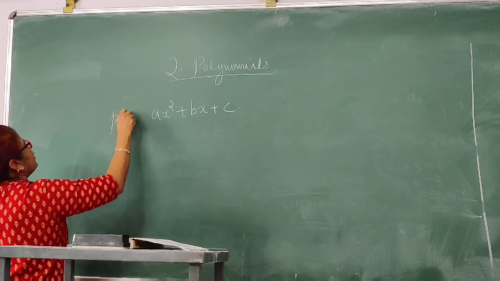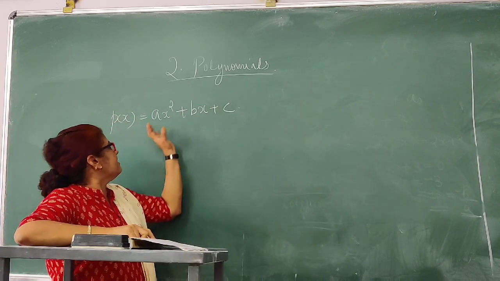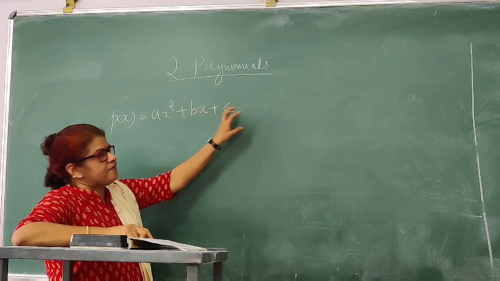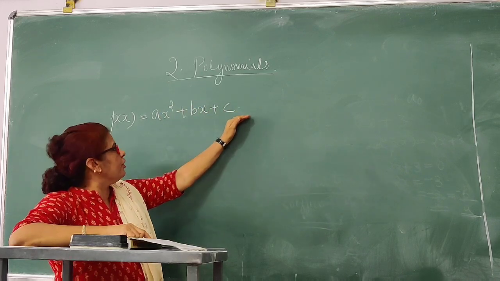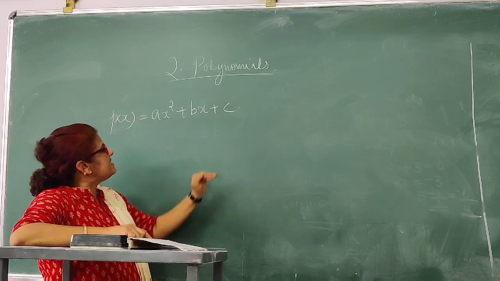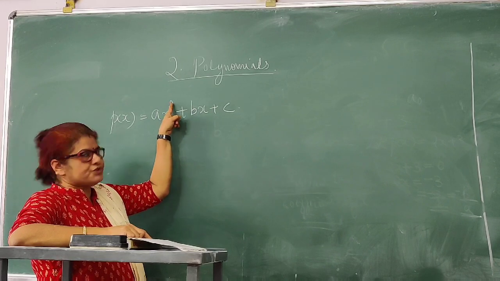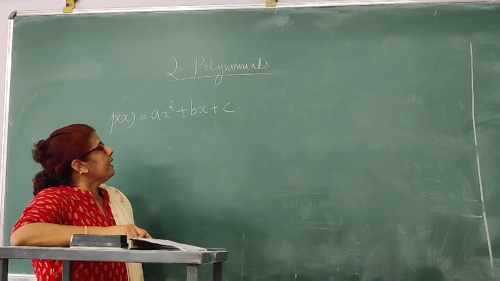We can name the polynomial as p of x. Then p(x) equal to ax square plus bx plus c is the general form of a quadratic polynomial in variable x. Here the highest degree of this polynomial is 2. That's why it is called a quadratic polynomial.